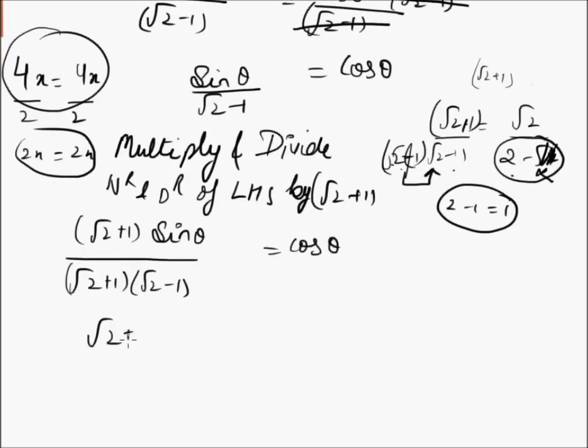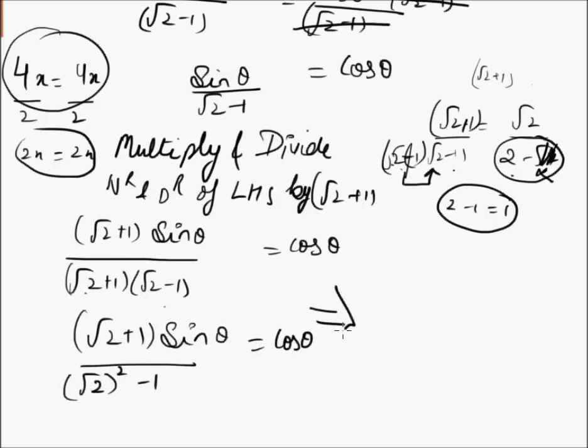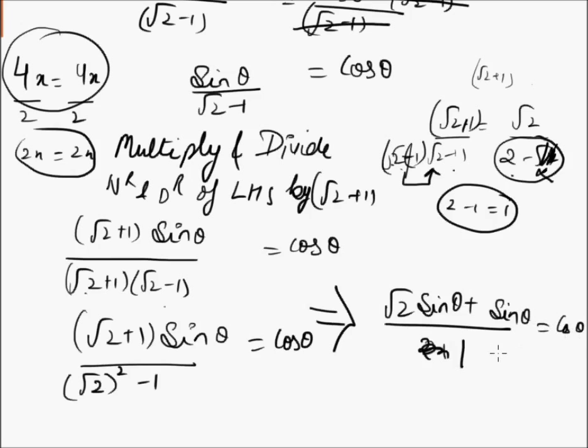So it will give us a square minus b square, that is under root 2 whole square minus 1, equals cos theta, which implies under root 2 sin theta plus sin theta over 2 minus 1, that is nothing but 1, equals cos theta.